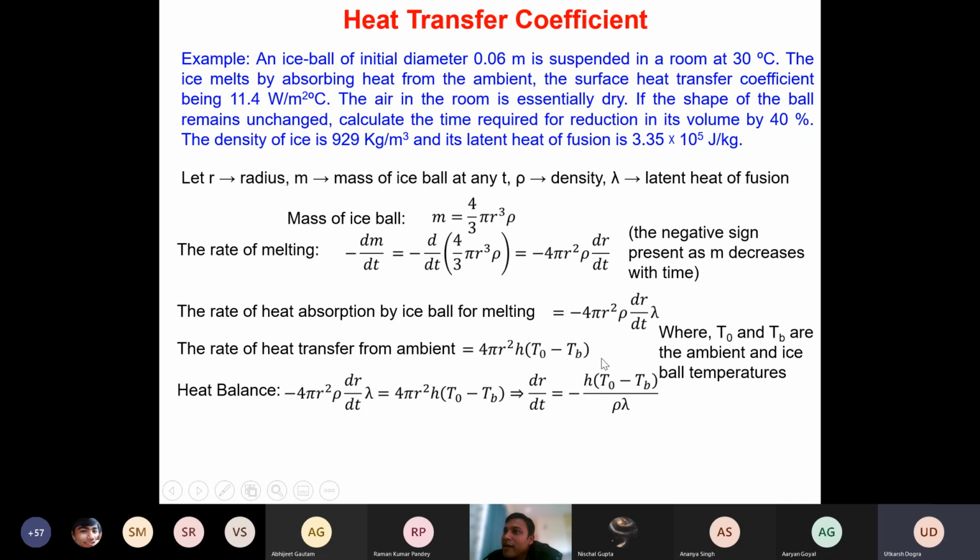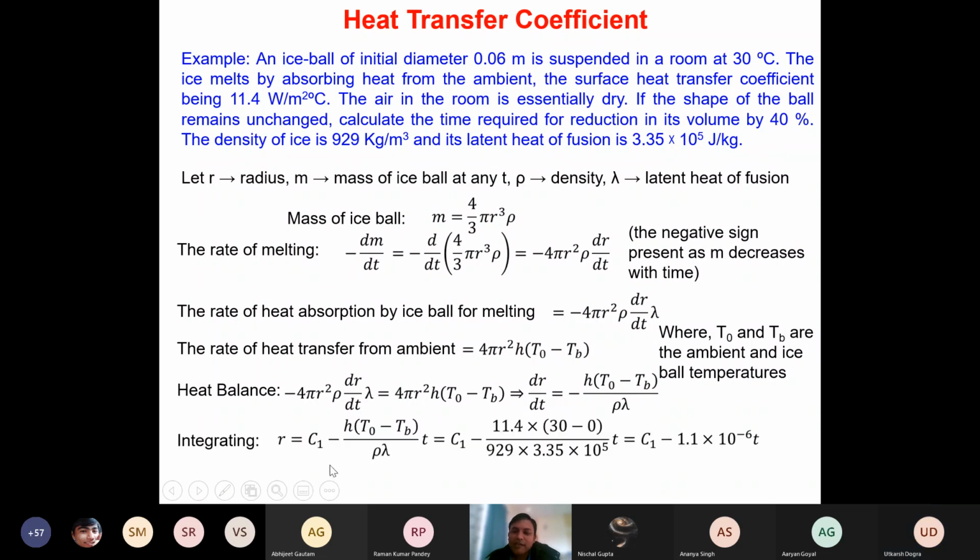This is only the initial balance we are using. Is it clear or not clear? Yes, sir, clear. Okay, so then we will integrate it.